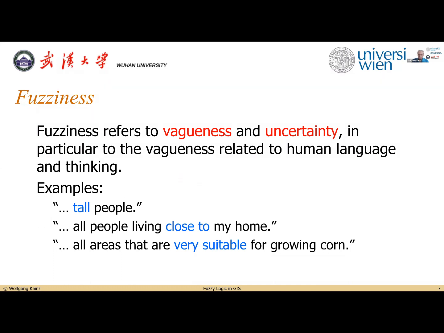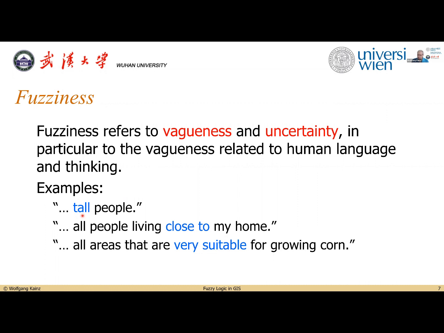So when we go back, for example, to this first example here of tall people, we could then define our concept of tall. We will do that, you will see it later, we will do that with a so-called membership function.